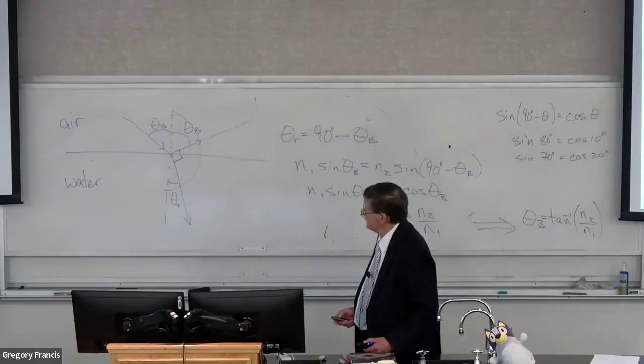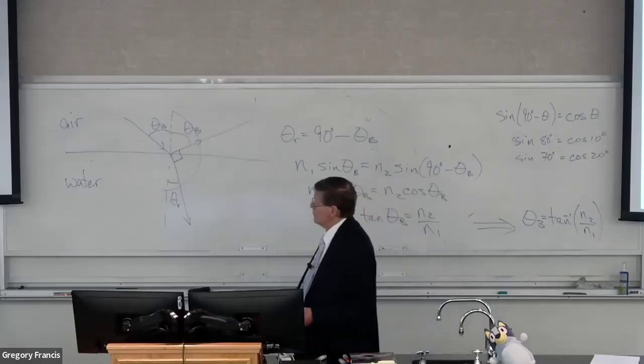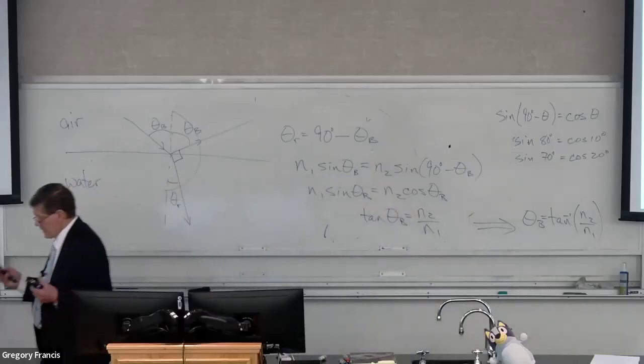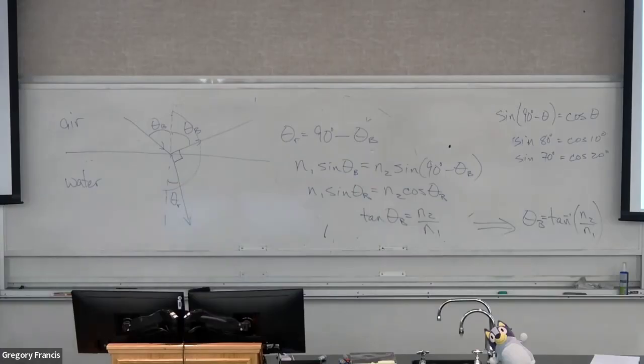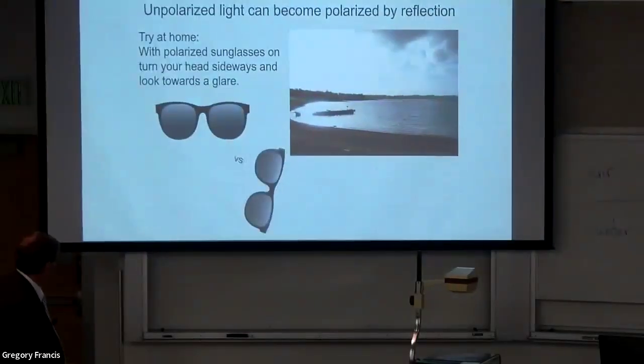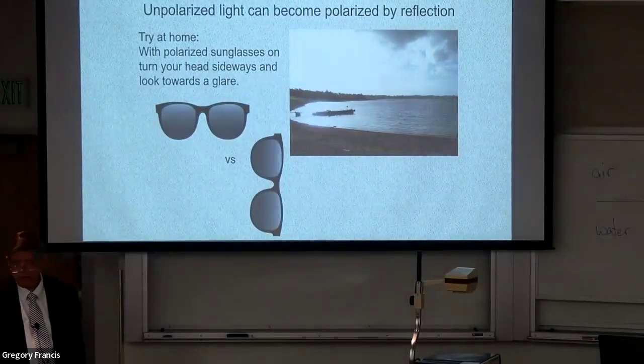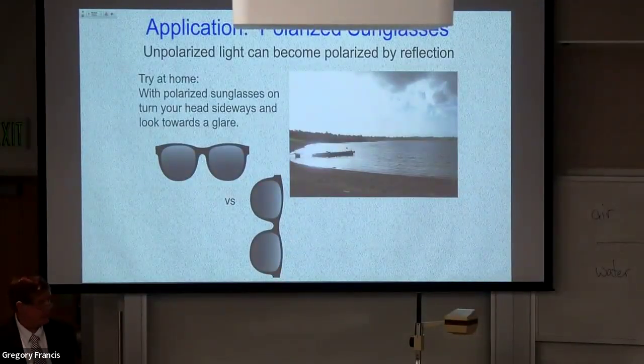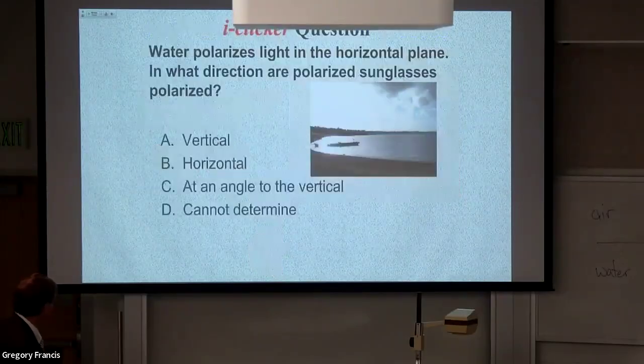So that's the skip part of the wave. So the question is, when I buy those polarized glasses, to get rid of this glare that comes off of the water on the lake or the water on the road if you're driving on a rainy day, how would you like that polarization axis on your glasses to be oriented? Okay.